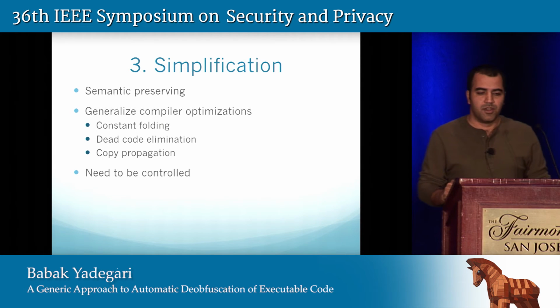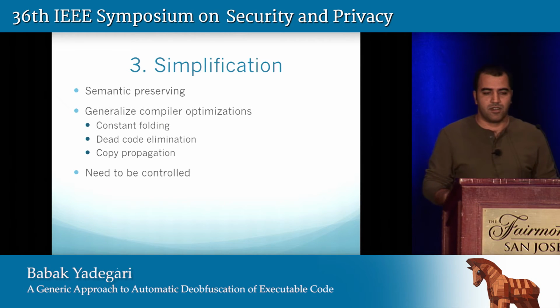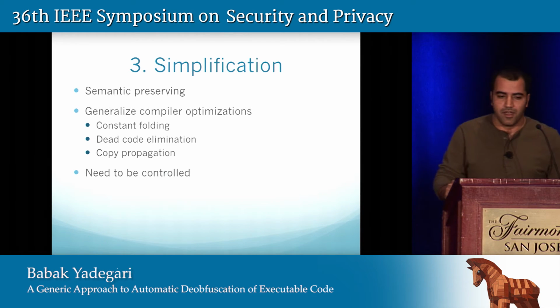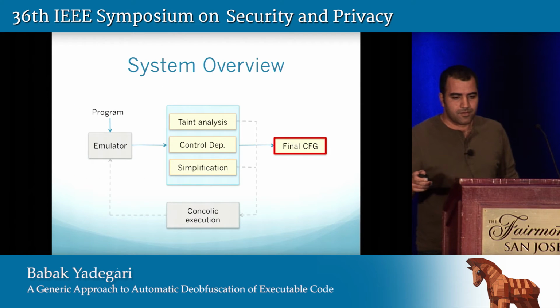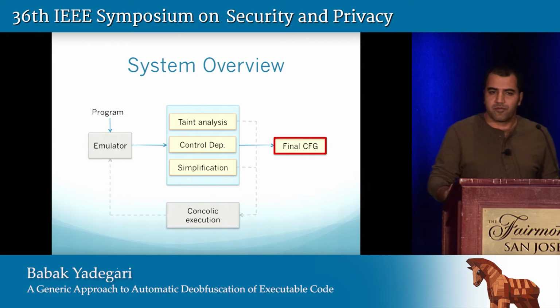As I said, we need to keep the things that are significant in the program. So we need to be careful that we don't simplify those computations away. Then we have the simplified trace.